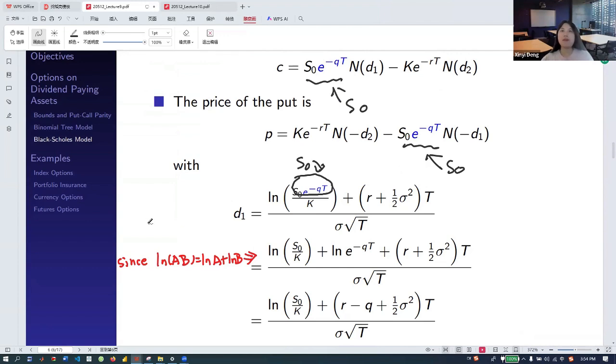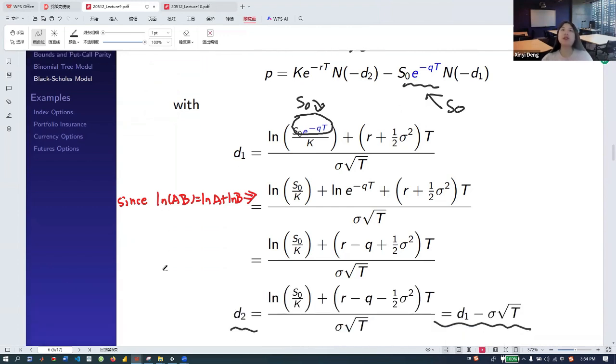Recall that ln AB is equal to ln A plus ln B. This is a feature associated with the natural logarithm. By applying that rule, we can get this e to the power of minus qt outside of the bracket.